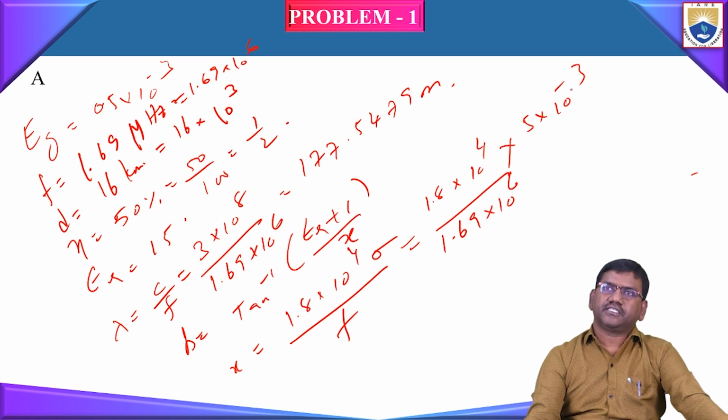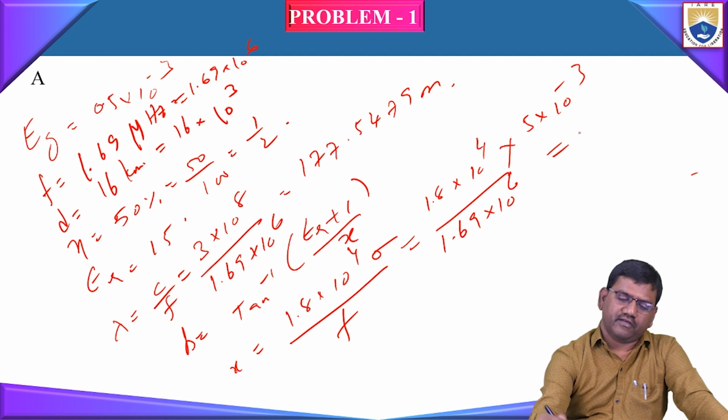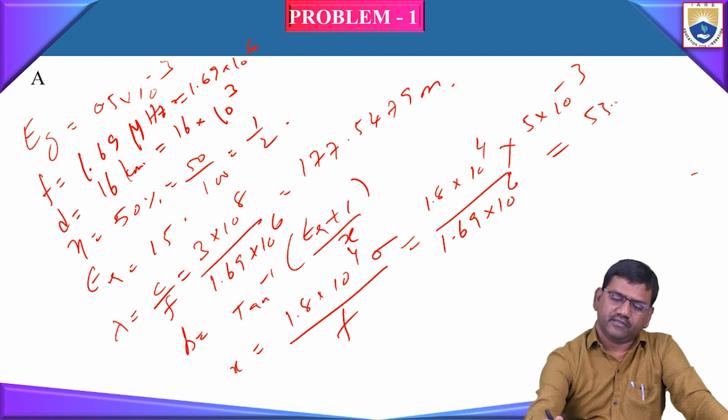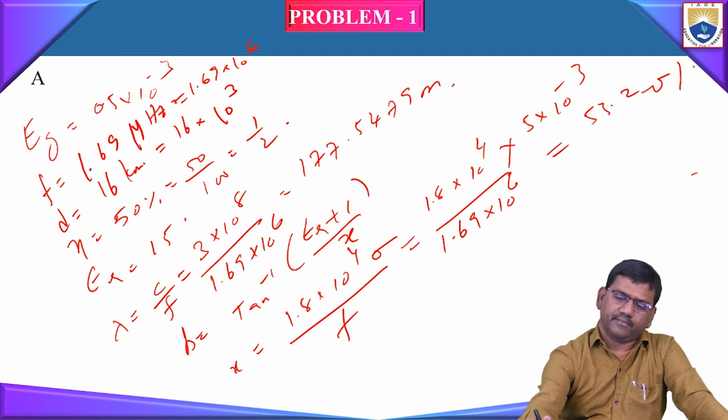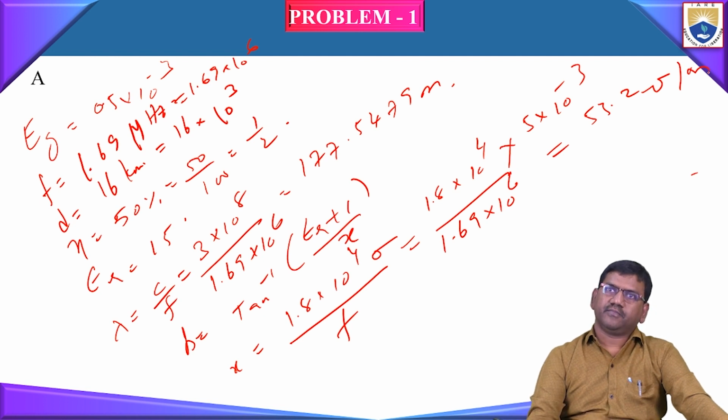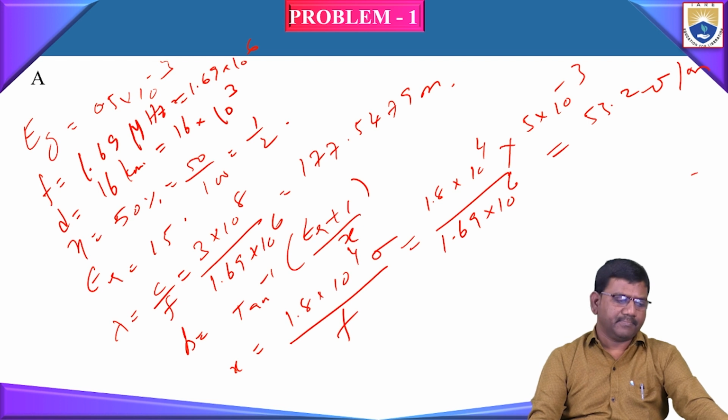The conductivity of the earth is given as 5 into 10 power minus 3. So the value of x is 53.2 if you simplify this.